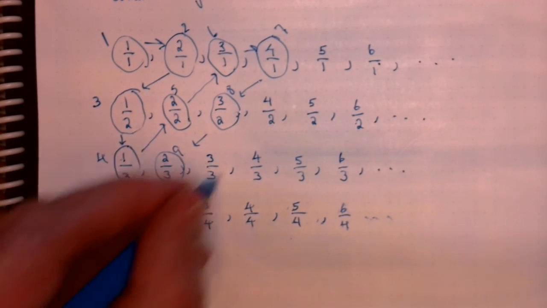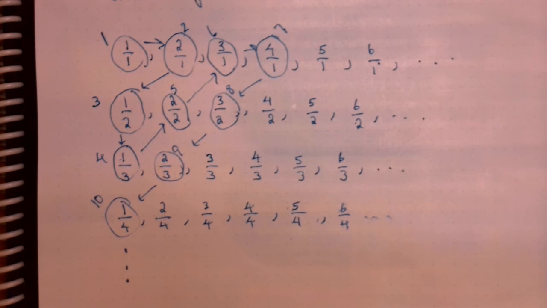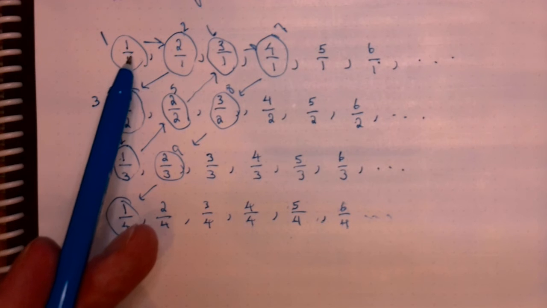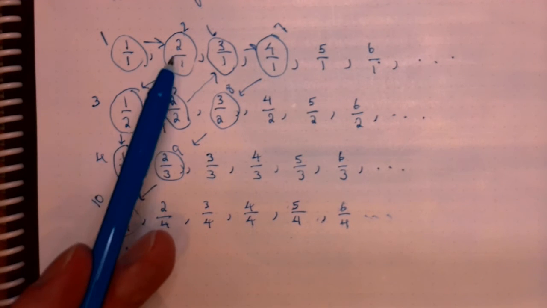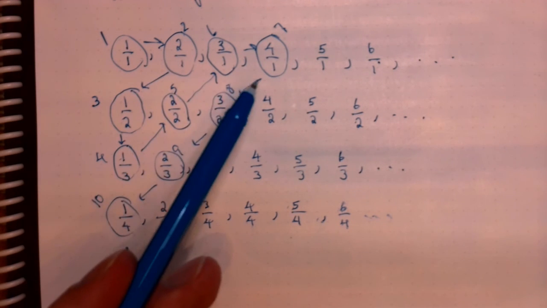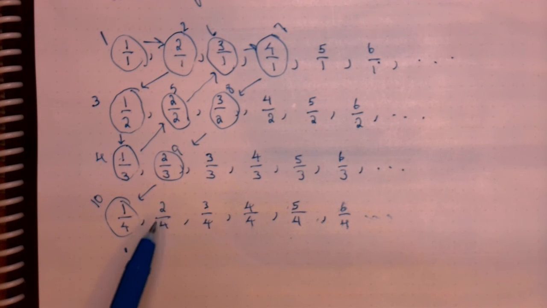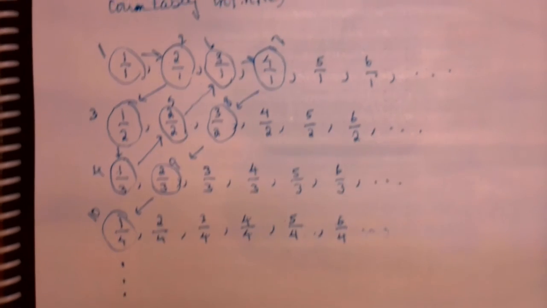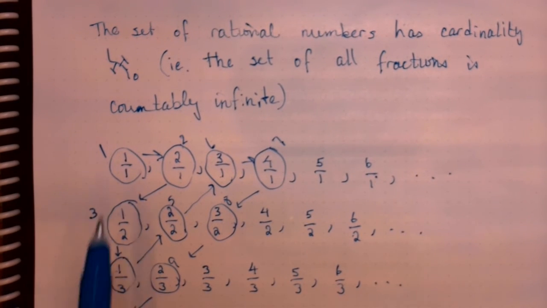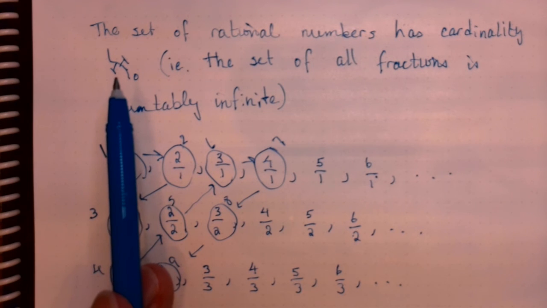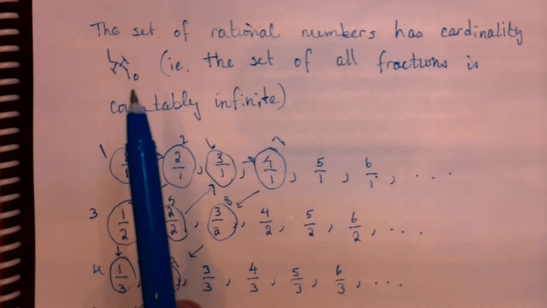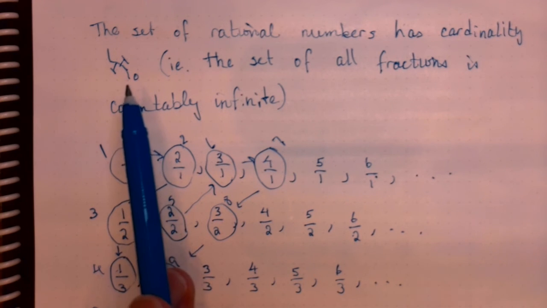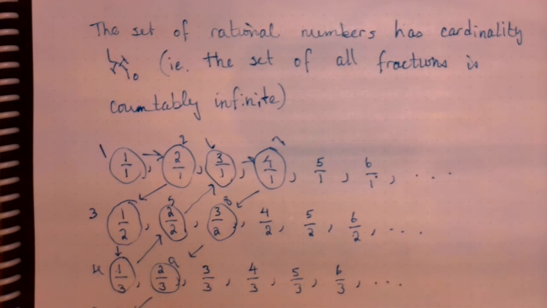And then we would count on that diagonal. So we actually could write a formula down for this. I could tell you what position a given fraction would be in this counting. I'm not going to worry about that in this class, though. Just want you to know that the set of rational numbers has the same cardinality as the set of natural numbers. They both have cardinality aleph naught.